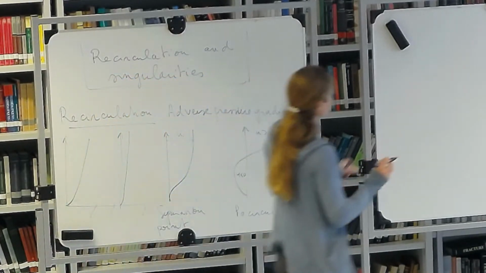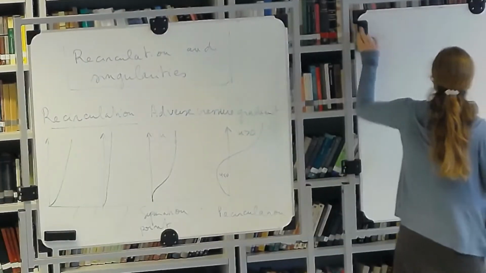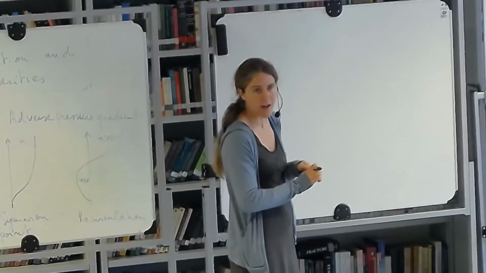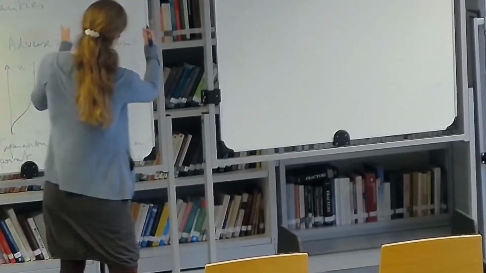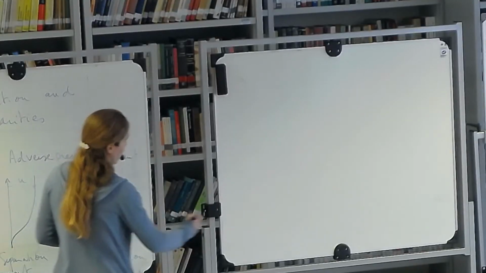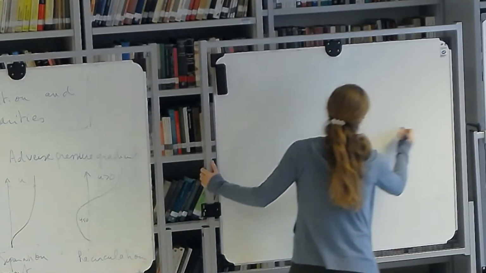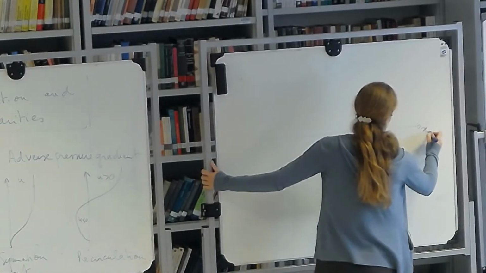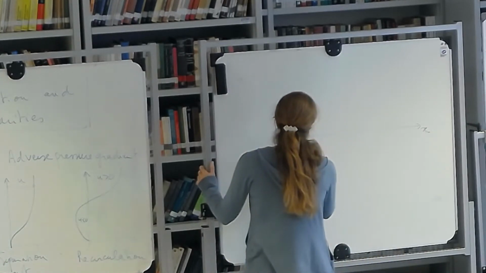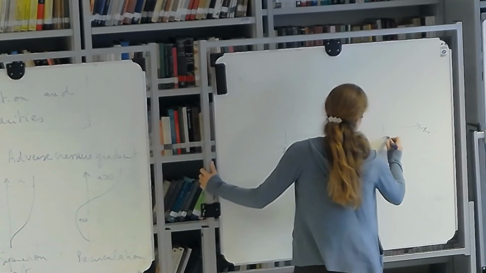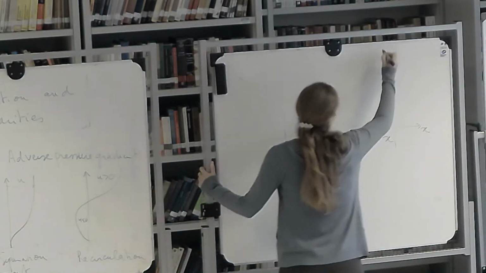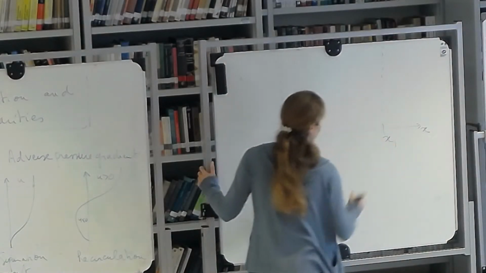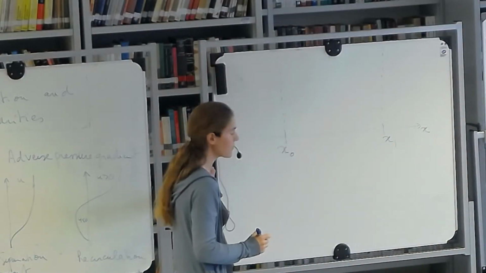So if you focus on recirculation, the typical picture that we have in mind is something like that. We look at a slice along the solid wall. Okay, so this will be x, and I look at a slice, say between x0 and x1. I'm putting some imaginary boundaries here at x0 and x1.